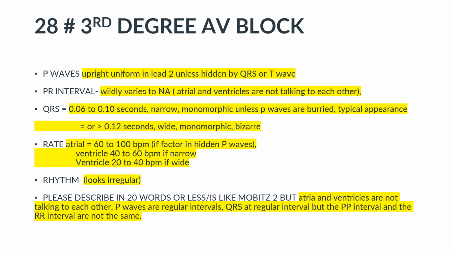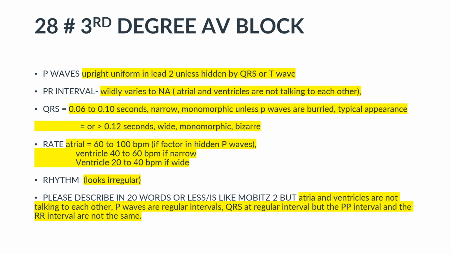Anyways, your QRS depends on where in the ventricles you're generating this heartbeat. If you're using the His-Purkinje system, your QRS is going to be 0.06 to 0.10 seconds, narrow and monomorphic. Now, here's the one thing: unless you have the P wave buried in that QRS, then it's going to look a little goofy, right? You're going to get some variation there.